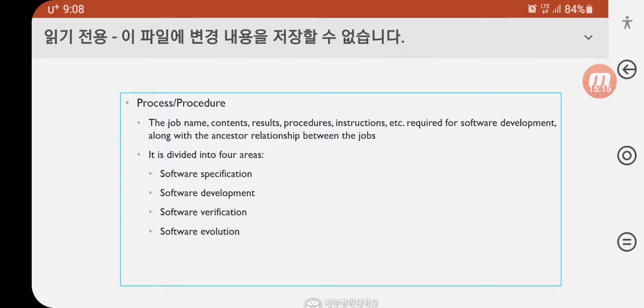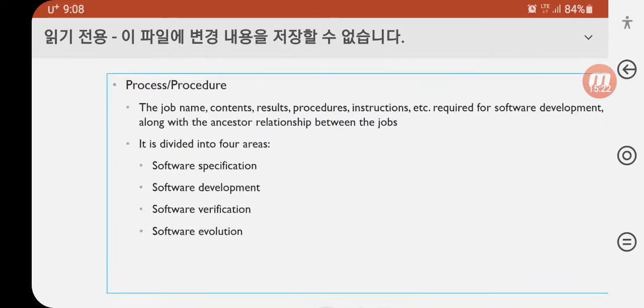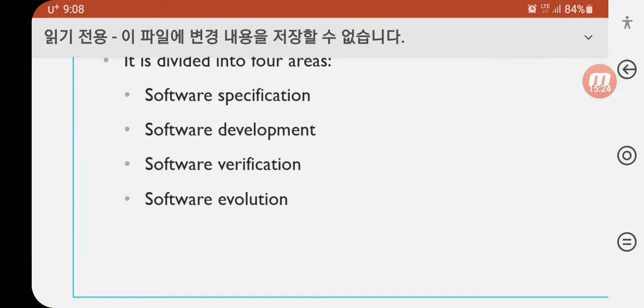It is divided into 4 areas: software specification, software development, software verification, finally software evaluation.